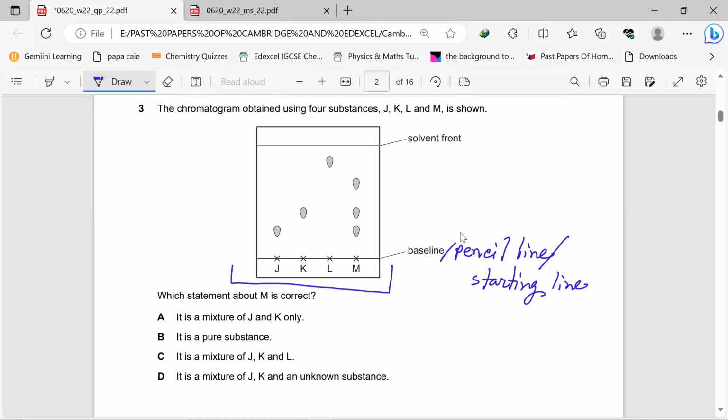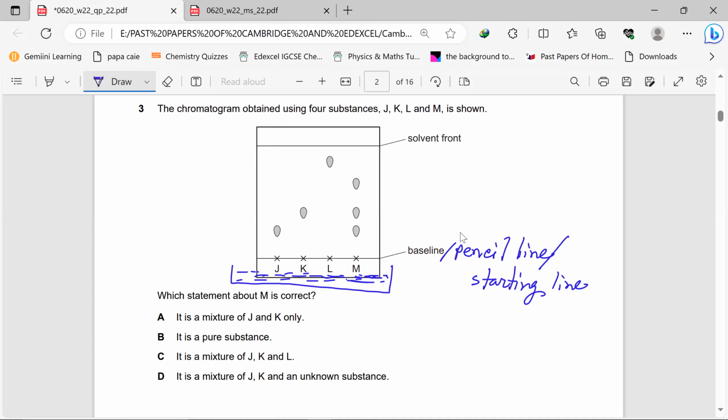You can use a tub, or we have a chromatographic chamber. Only the tip of the paper will touch the solvent, so make sure your solvent is below the baseline. After we place our chromatographic paper vertically into the solvent, the solvent will start coming up against the gravitational force.